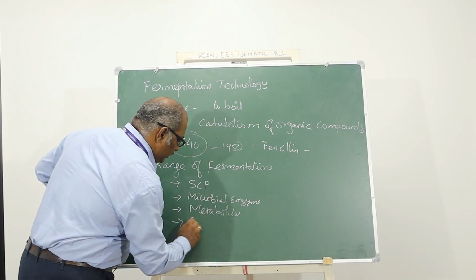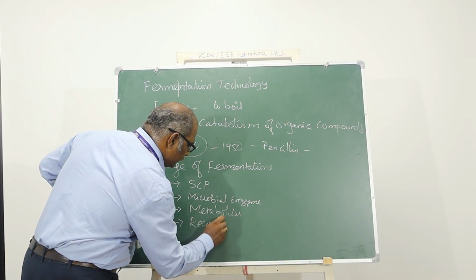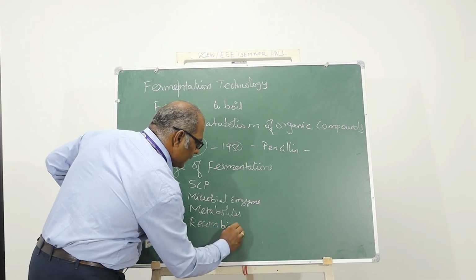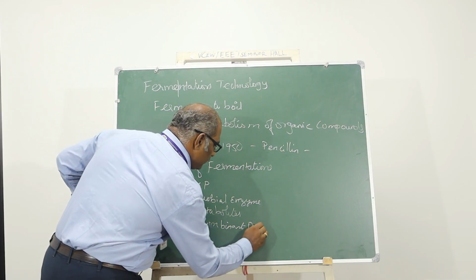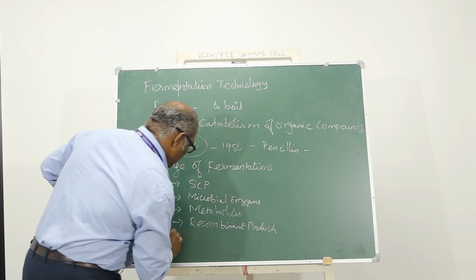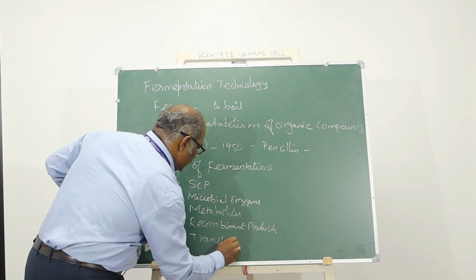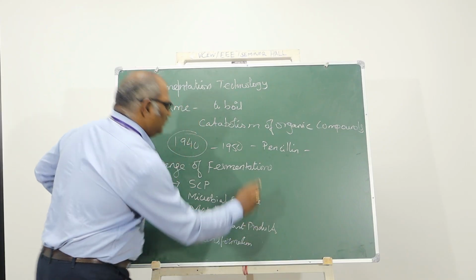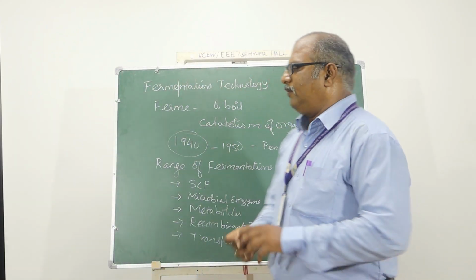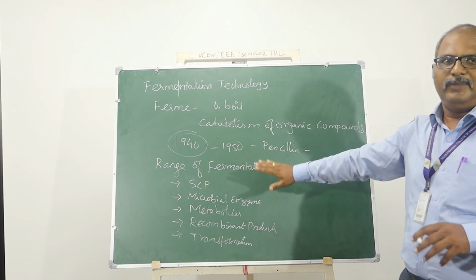The fourth one is recombinant products, and the fifth one is transformation. That is, the fermentation process can be carried out in 5 major ranges.